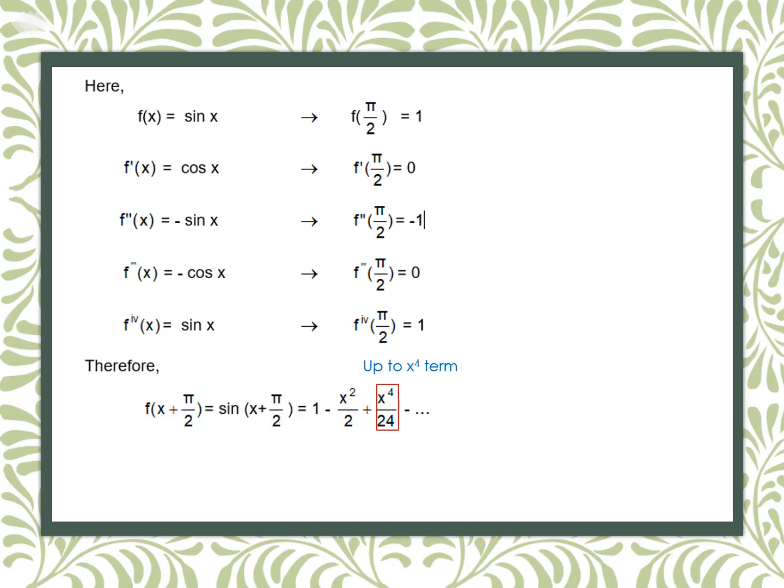Next, substitute the answers into the second formula of Taylor series accordingly and simplify. You will obtain the expansion of sine x plus pi over 2 up to x to the power of 4, which is 1 minus x squared over 2 plus x to the power of 4 over 24 plus so on.